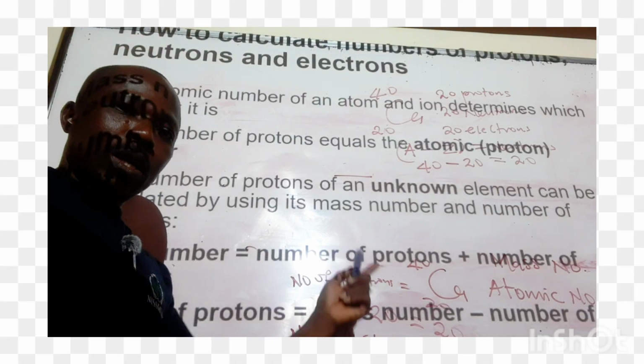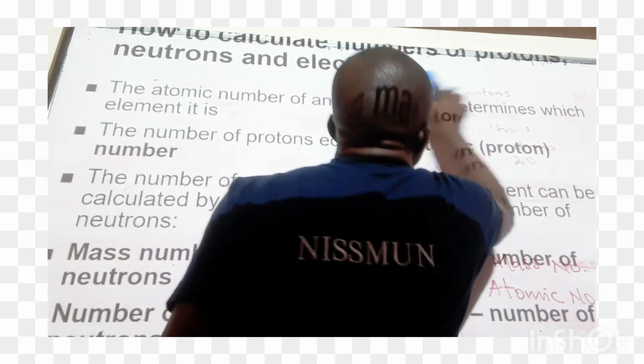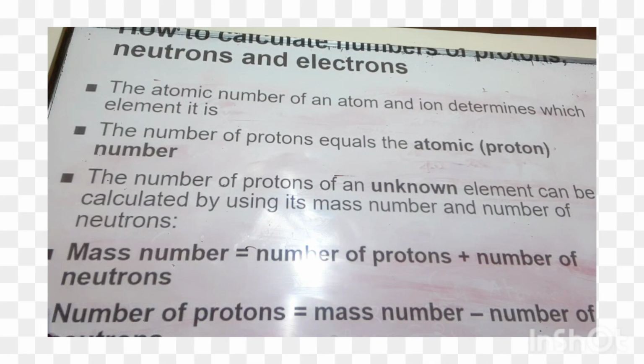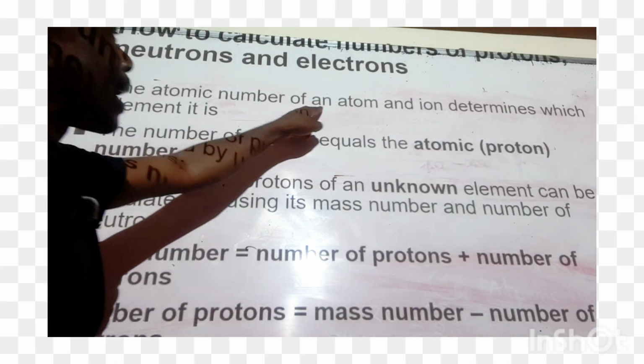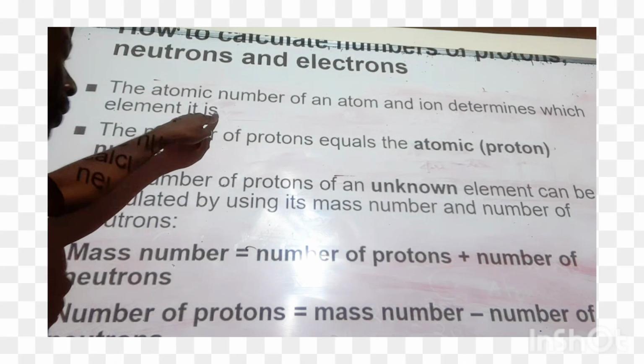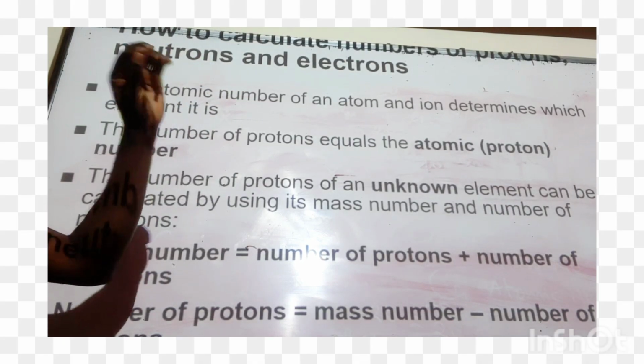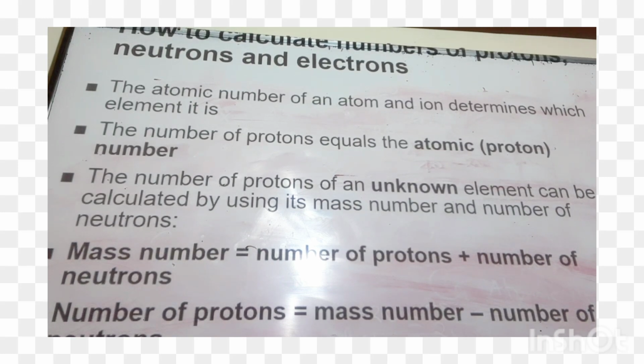So this is how we determine the number of particles present in an atom. Let's move on to the next step: how to calculate the number of protons, neutrons, and electrons in an atom. We say that the atomic number of an atom or ion determines which element it is.